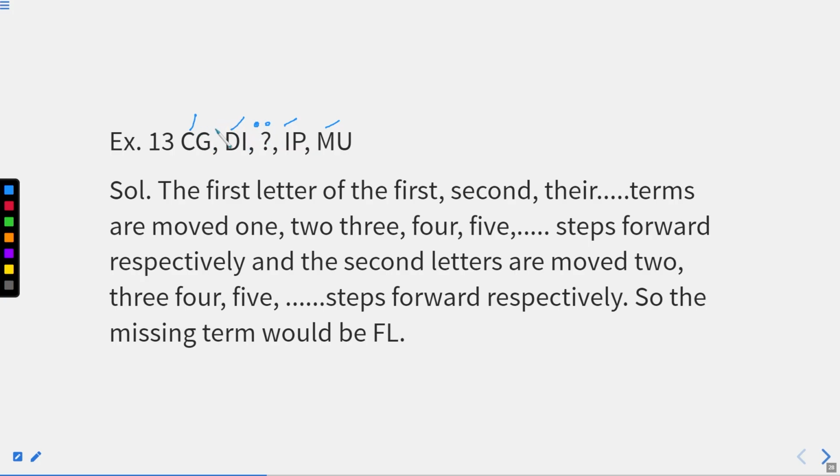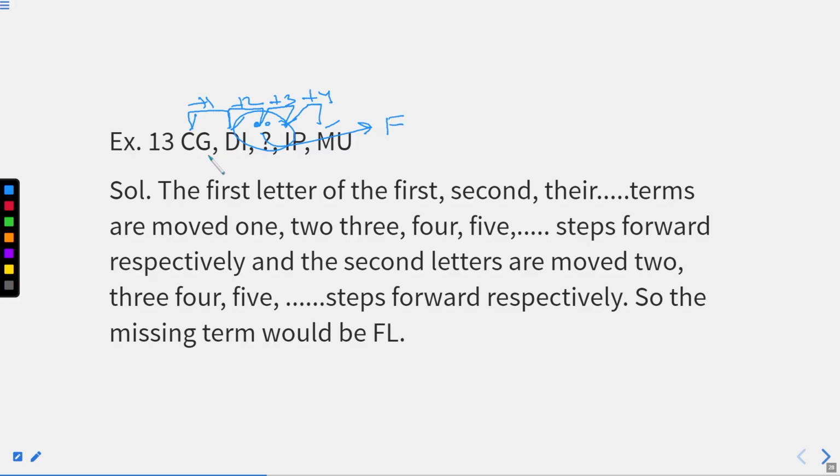So after that, C, D, here we move plus 1, D, E, F, if we move plus 2, G, H, I plus 3, J, K, L, M plus 4. So what exactly we are getting here is D plus 2, that is F. I hope you get the first part.